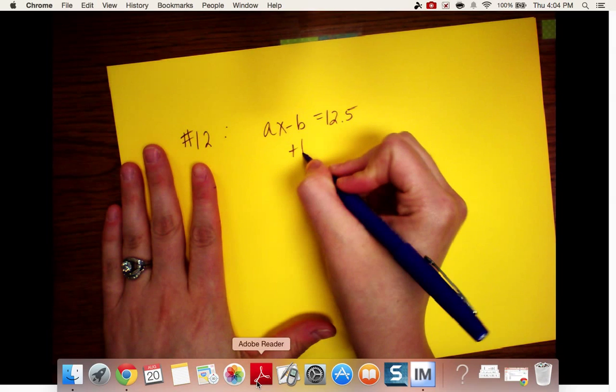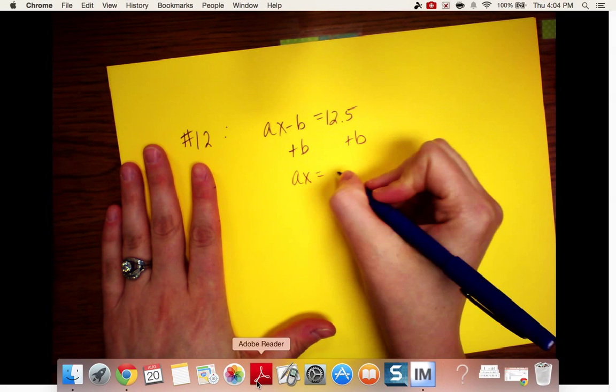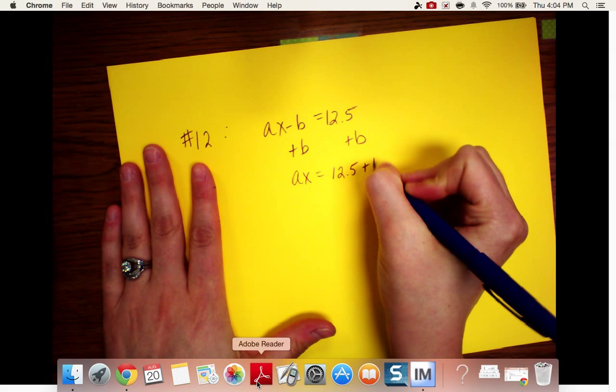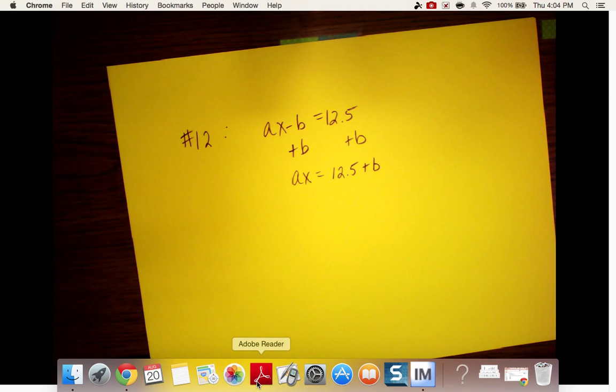So I'm going to add b. Now, a lot of students ask, why can't we add 12.5 and b together and get 12.5b? And so my response is, or it's actually a question, do we have any idea what b is?